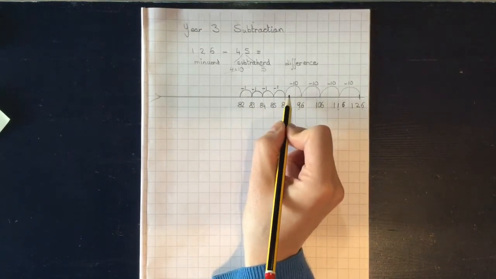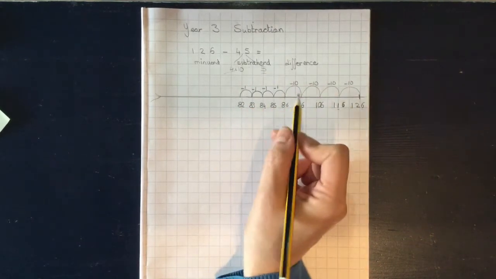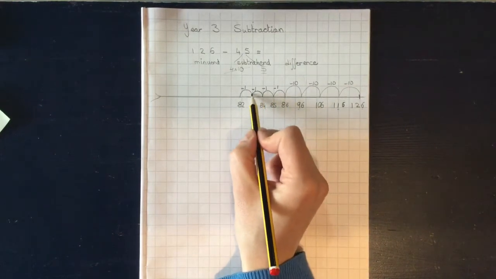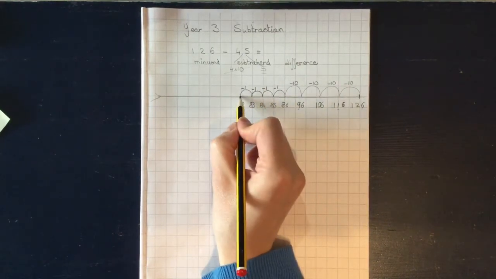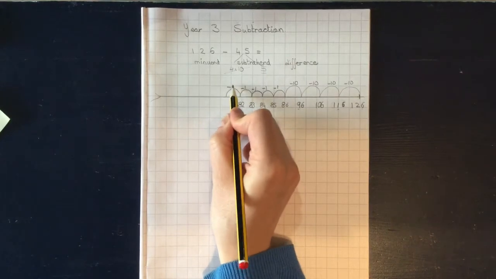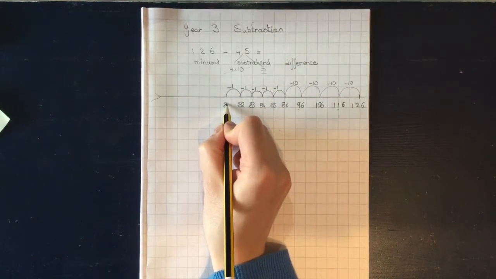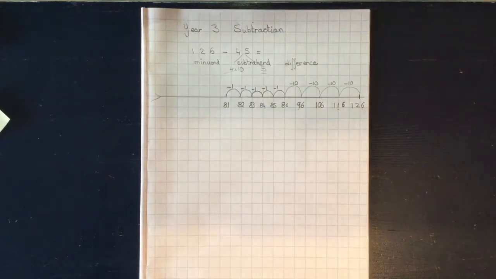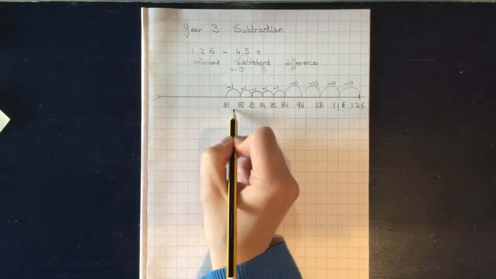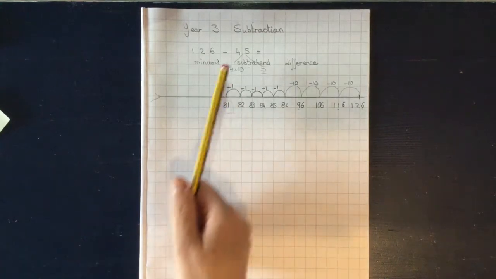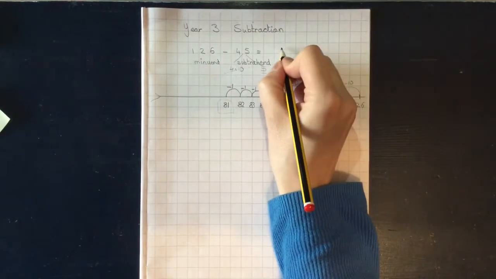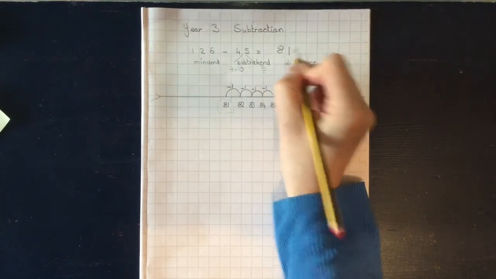Let's keep track of my jumps. I am supposed to jump 5 jumps back. 1, 2, 3, 4, right? So this will be my last one. Take away 1, 82. Take away 1 is 81. And my difference, the answer to the subtraction, would be 81.